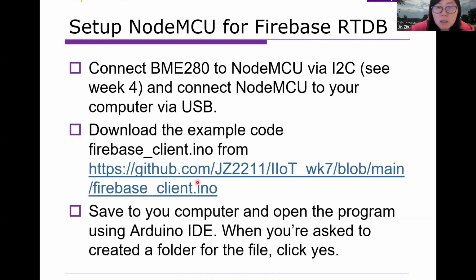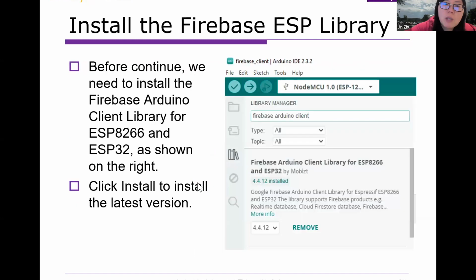Once you download the code and connect it, you need to configure the board and the port number for the NodeMCU, to be whatever is connected to your board, right? That's similar to what we did last week. The same process, but over here we need to make sure you install the Firebase Arduino library.